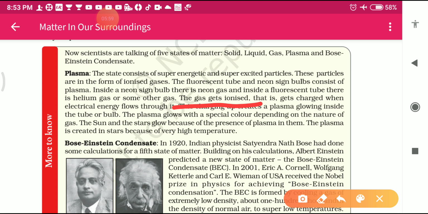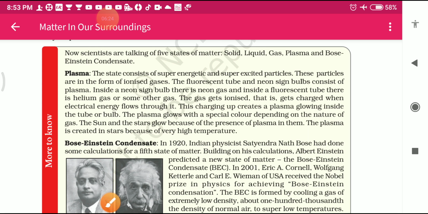Then the mixture of free electrons and ions in a tube or bulb is called plasma, and in this way the gas gets ionized. That is, it gets charged when electrical energy flows through it.